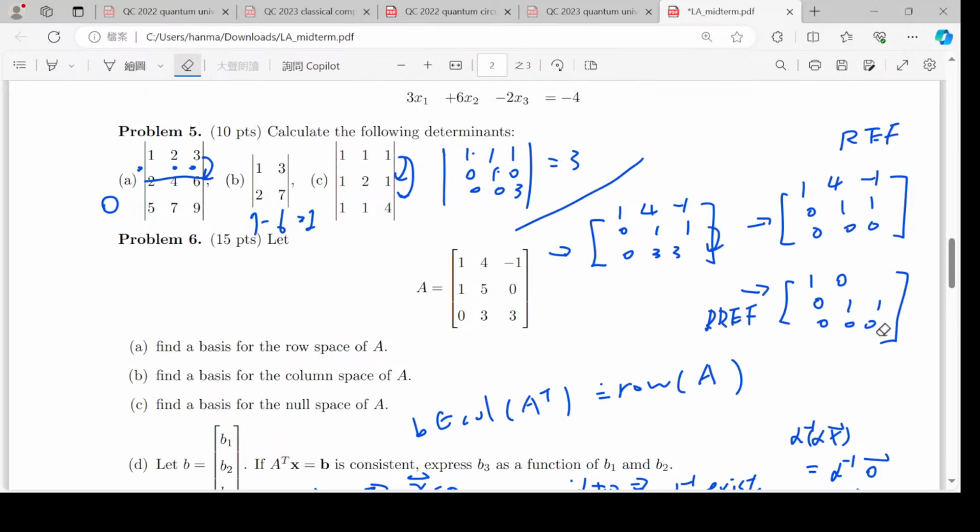To get the reduced form, I want to turn this 4 into 0, so I have a minus 4 up here. Then this 4 becomes 0, and it becomes minus 5. Let me cheat a little and check this is correct.